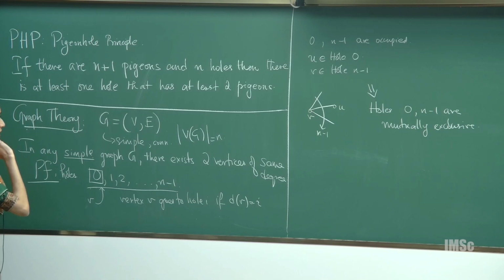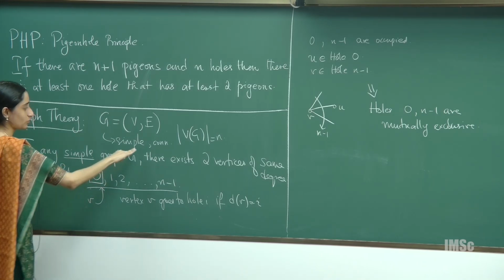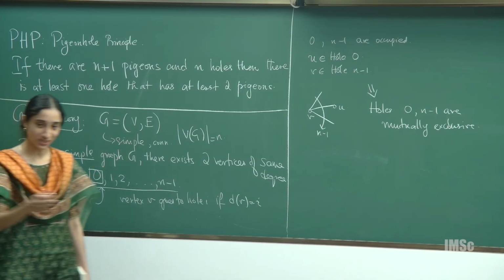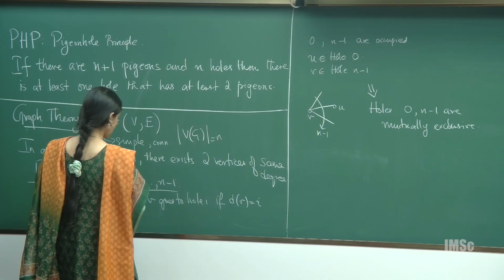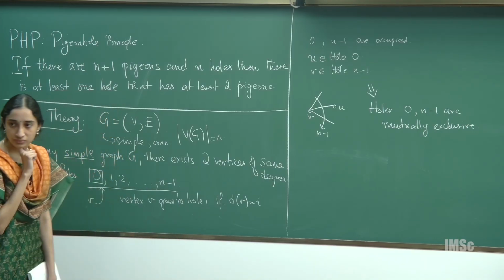Does it require the graph to be connected? So in a simple graph this will hold. For the example I asked you to construct, I said simple connected. This does not require connectedness, I think. Okay.